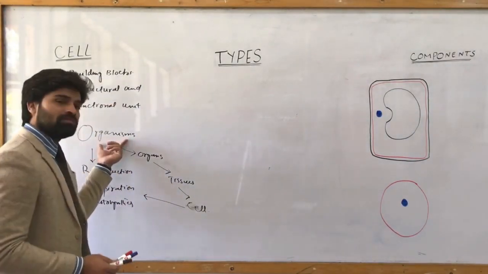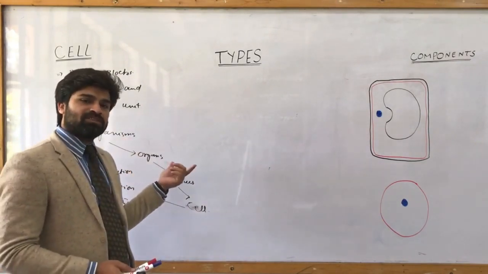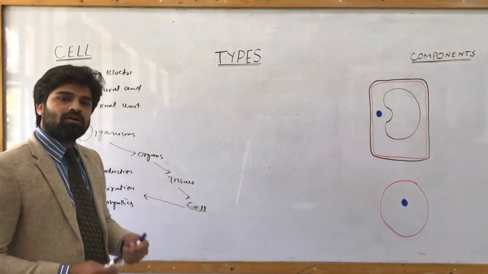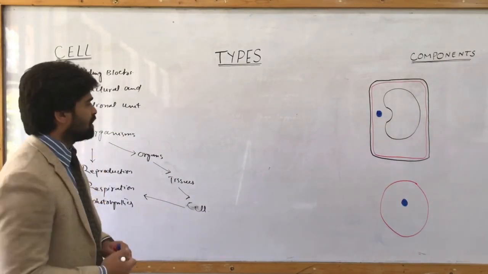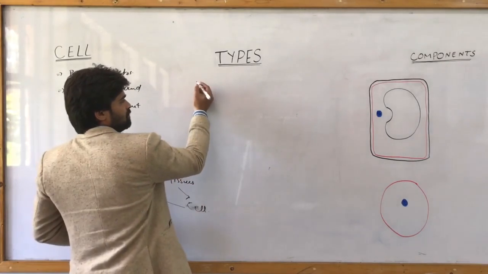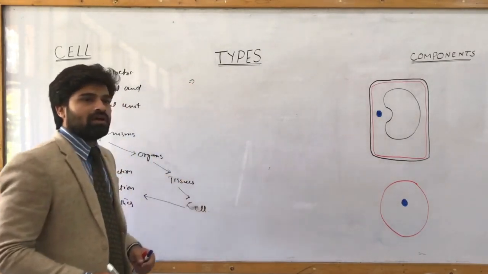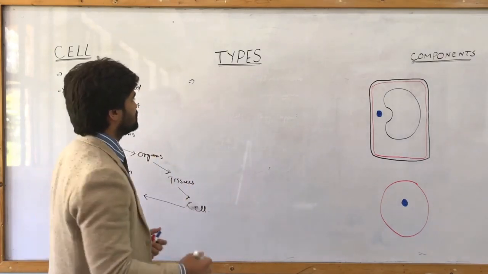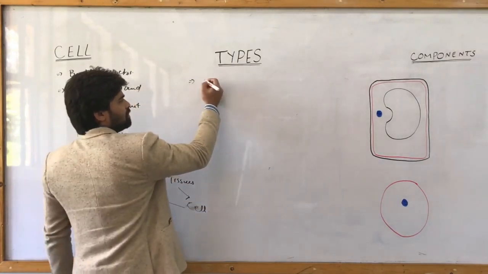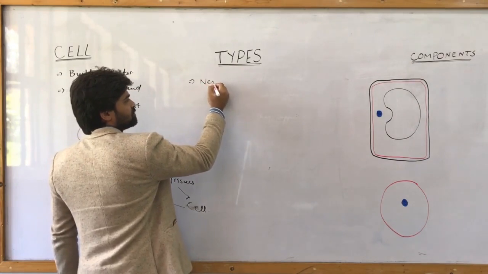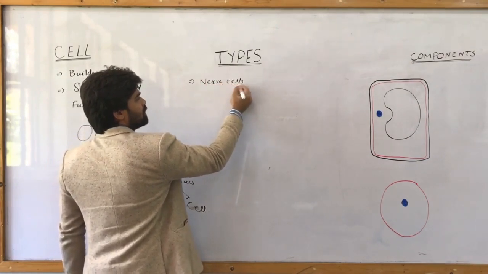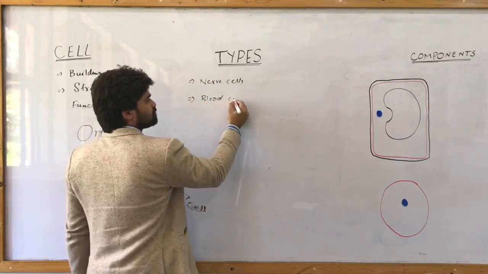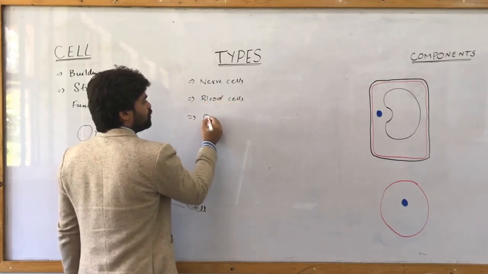In an organism, there are billions of cells present, and these billions of cells are of different types. These different types of cells perform different functions. For example, nerve cells, blood cells, bone cells.